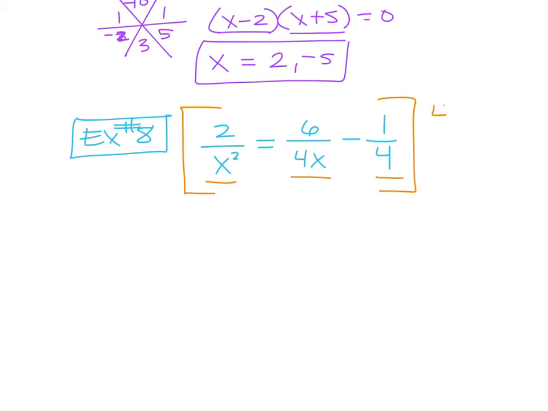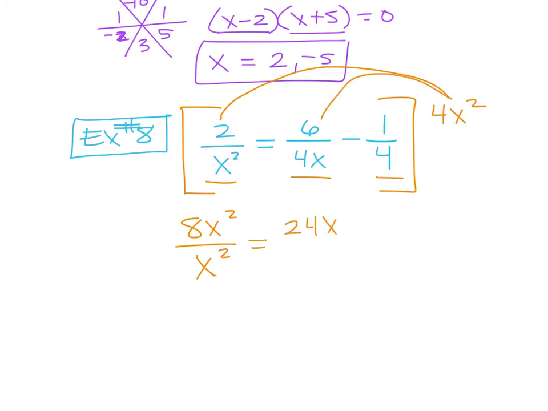So if we multiply everything by 4x squared, I get what? 8x squared over x squared equals, multiply it here, you get 24x squared over 4x minus, and then that last one, 4x squared over 4.